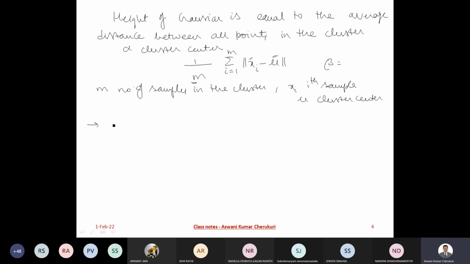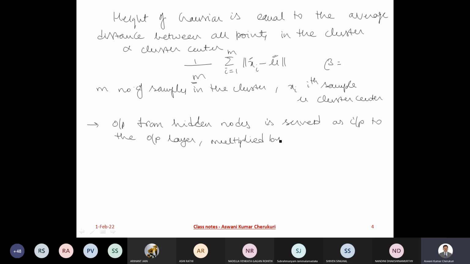Once that is done, the output from the hidden nodes is served as input to the output layer, and that gets multiplied by connection weights.